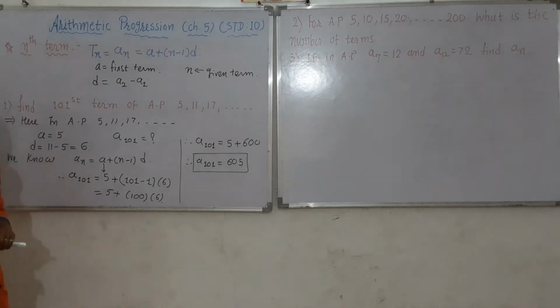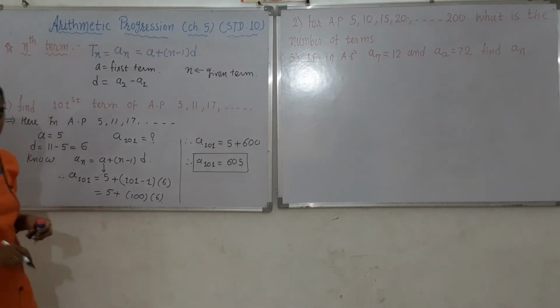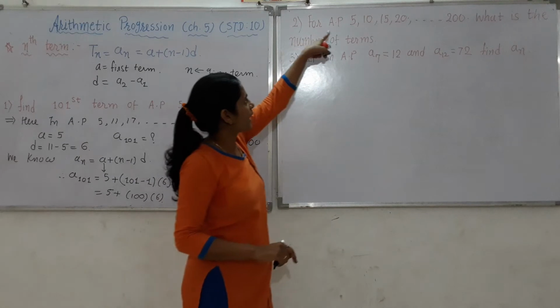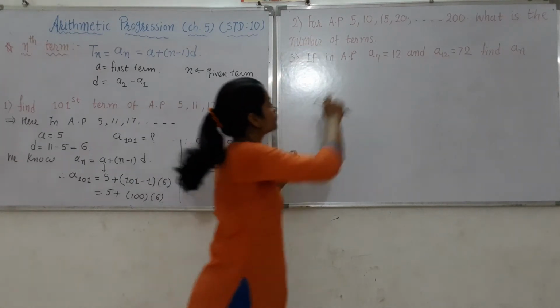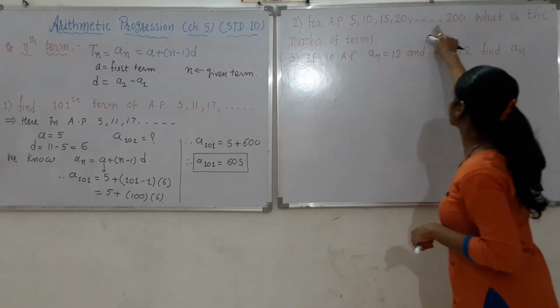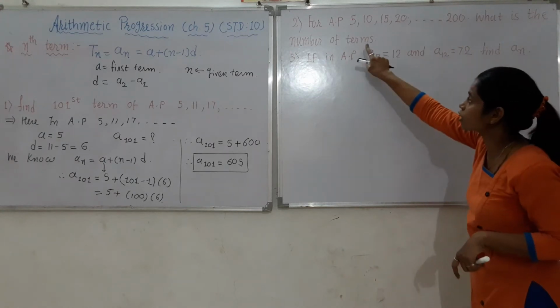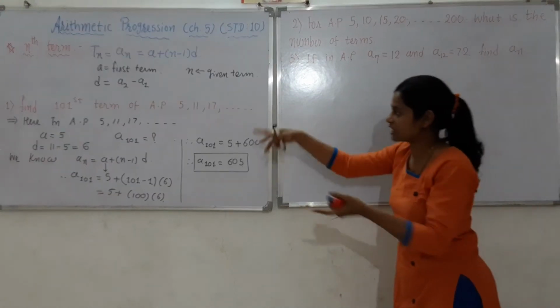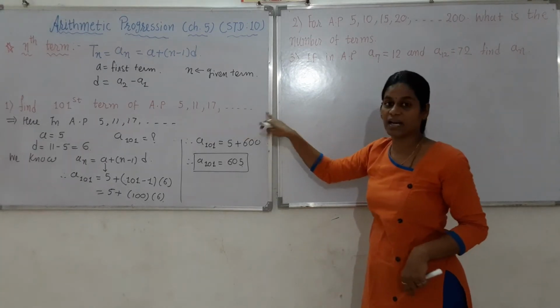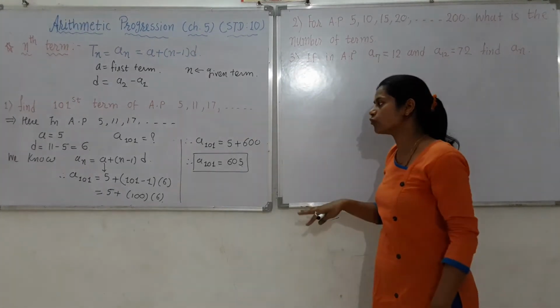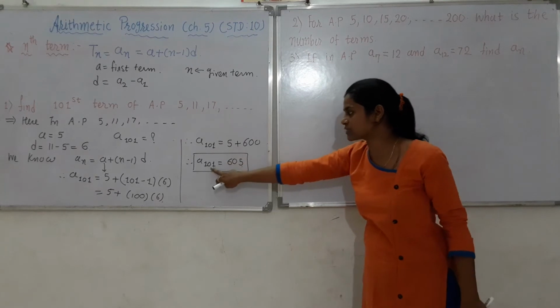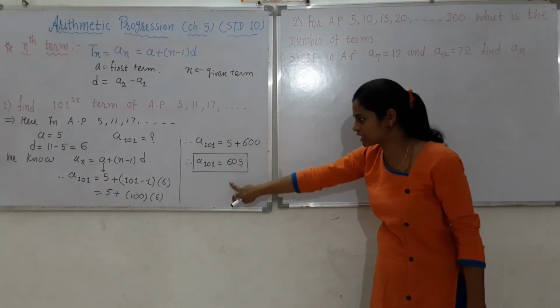Let us consider one more example based on this nth term formula. For the arithmetic progression 5, 10, 15, 20 ... 200. What is the number of terms? In the previous example, the progression was infinite. It has no end. But you want to find this infinite series' 101st term, so you can find it this way.